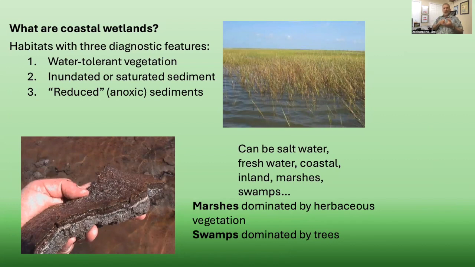Marshes are dominated by herbaceous wetland vegetation, whereas swamps are dominated by trees. In our area, those trees are largely cypress trees, or those tend to be the dominant species. Oftentimes, there are a lot of other species as well. But in those swamps, the water is often very still, and they have very limited herbaceous vegetation.